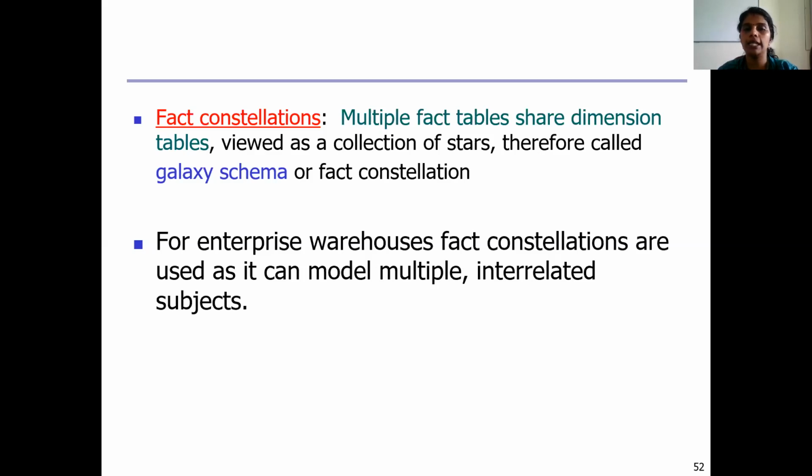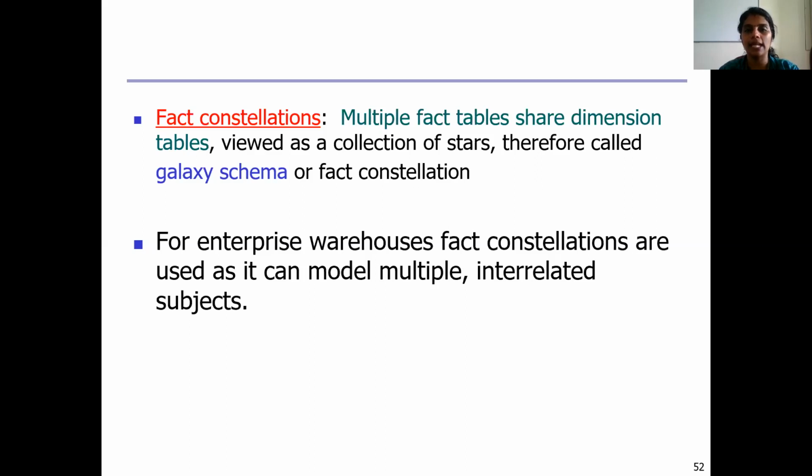So fact constellations are mainly used for enterprise warehouses. We will be using star schema or snowflake schema for data marts. You already know the difference between enterprise data warehouses and data marts, right? Enterprise data warehouses contain data spanning the entire organization.